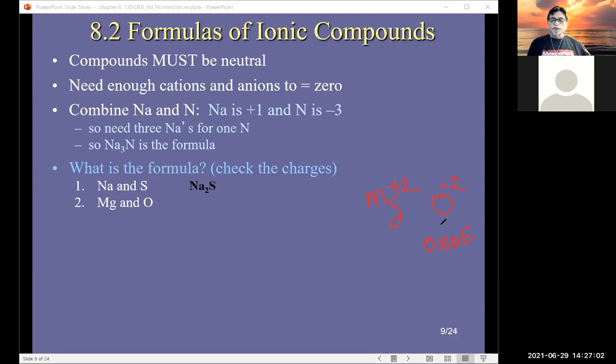And so we've got to put them together, and fortunately they're both equal in oxidation number, so it's a real simple 1-to-1. Okay, I can just put them together, and that is the formula. Its name would be magnesium oxide.